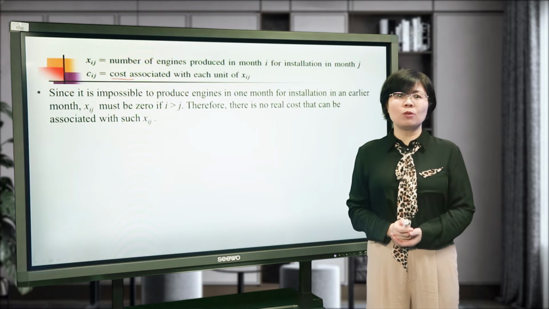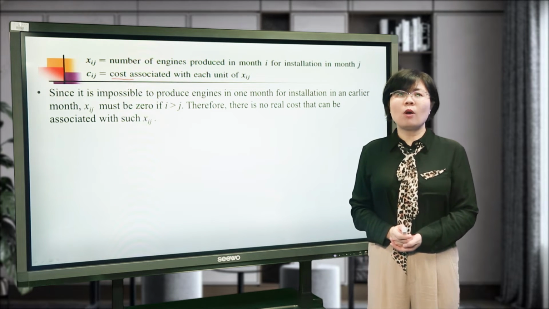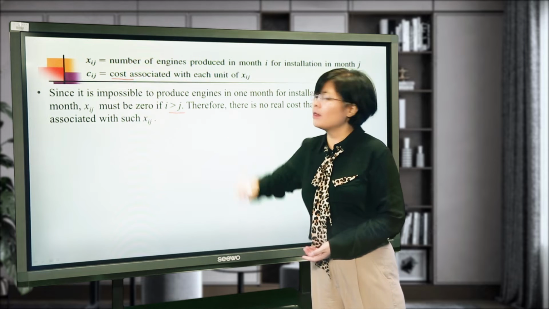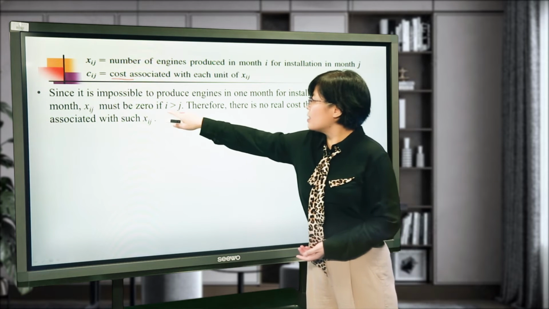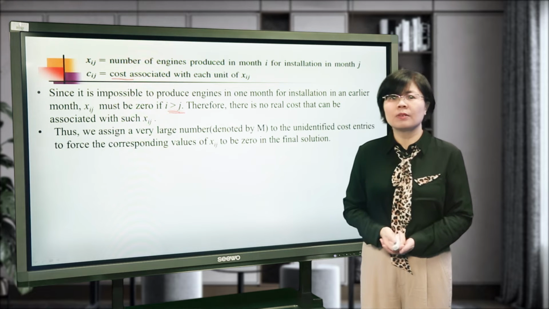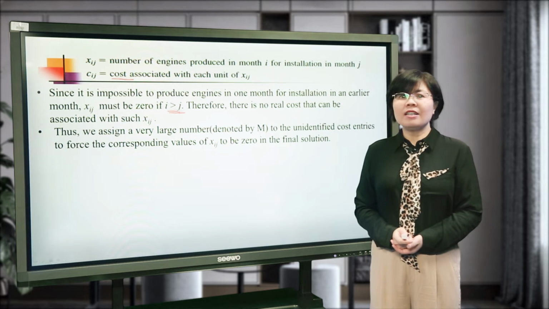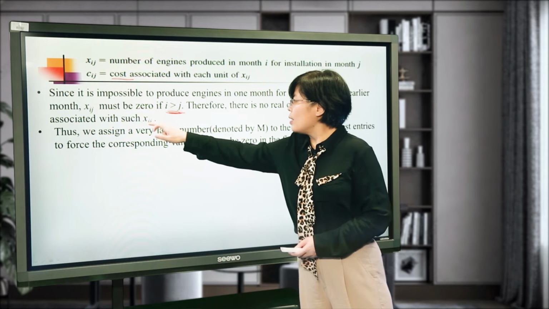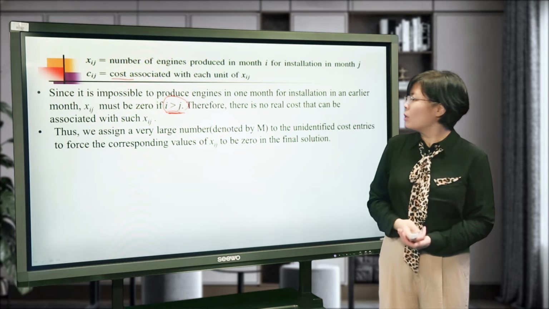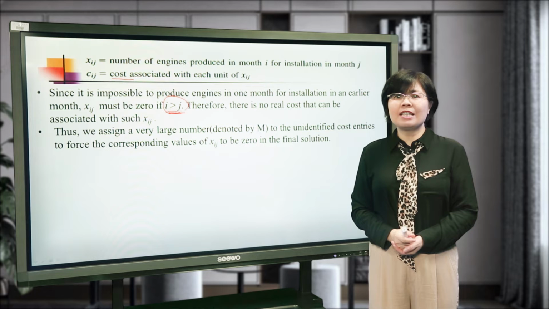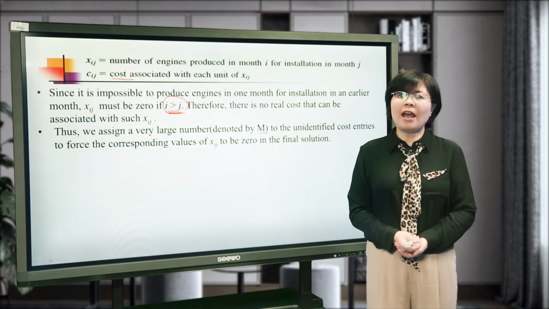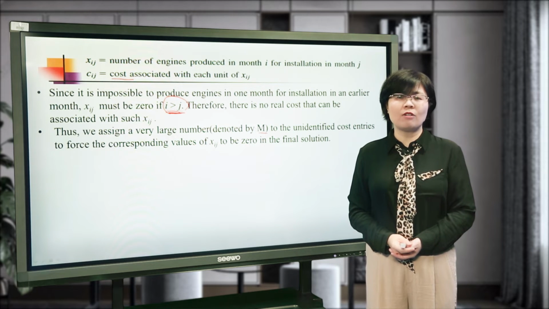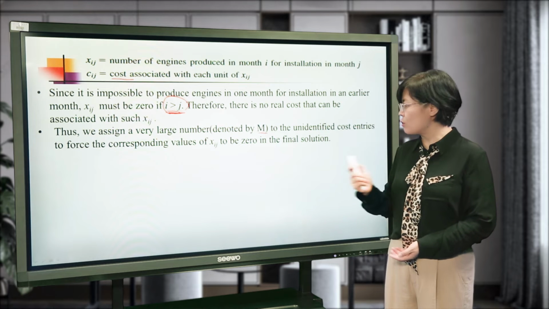Since it is impossible to produce engines in one month for installation in earlier months, Xij must be 0 if I is more than J. Thus, we assign a very large number, denoted by M, to the unjustified cost entries to force the corresponding value of Xij to be 0 in the final solution.